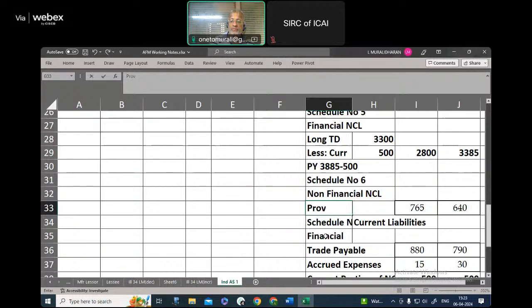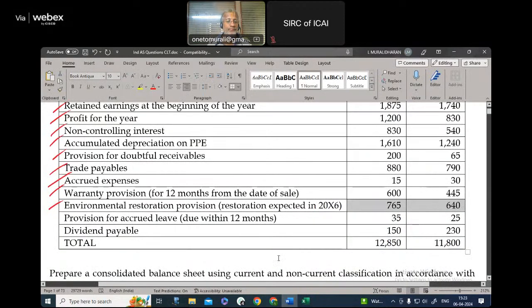Provision, long term. Provision for accrued leave, 35 and 25. This will also come alongside non-financial only, 35 and 25.